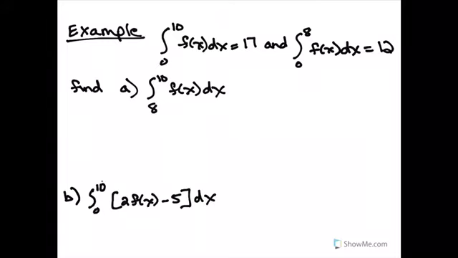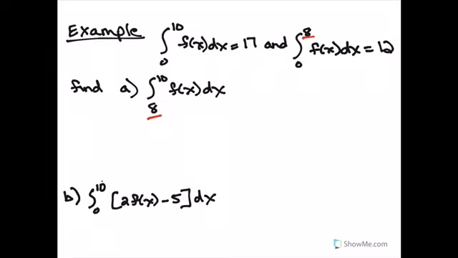Okay, so let's use these properties to find some definite integrals. If I know the integral from 0 to 10 of f of x is 17, and I also know that the integral from 0 to 8 of f of x is 12, then I can find the integral from 8 to 10. That's going to use that last property, because here we're breaking it up as if our c is 8.